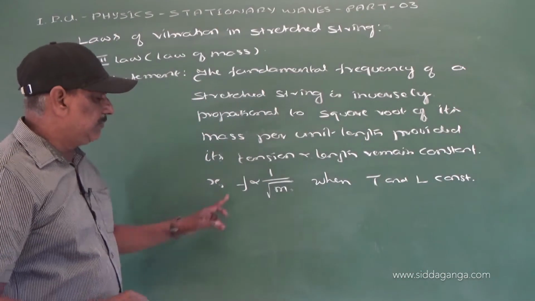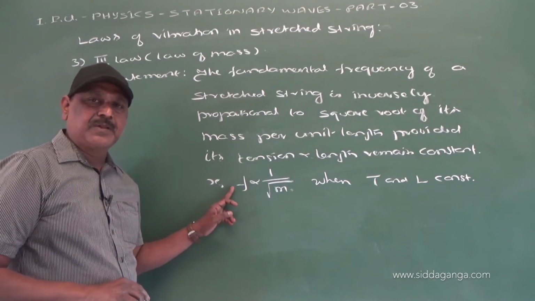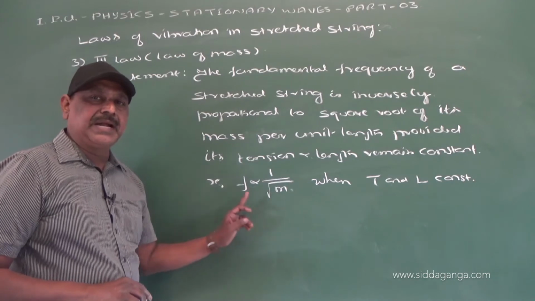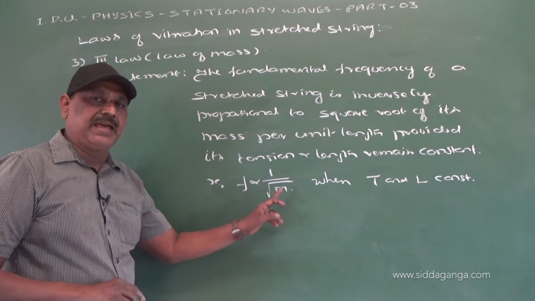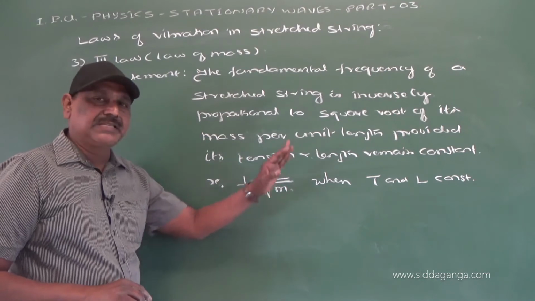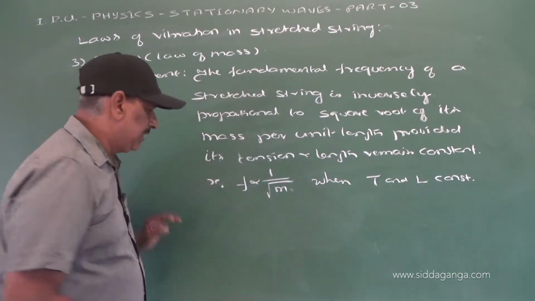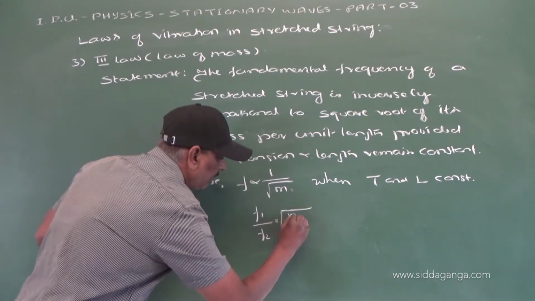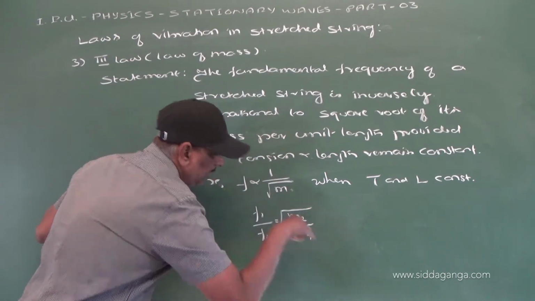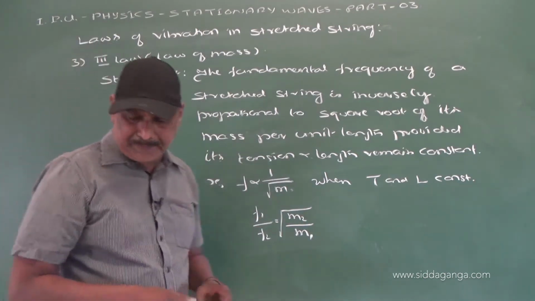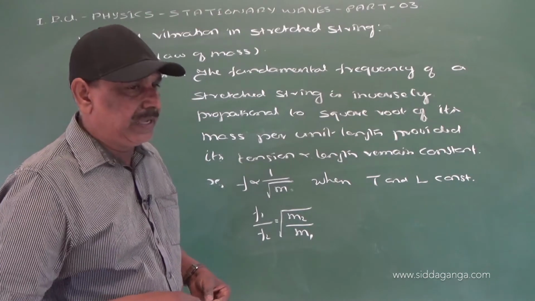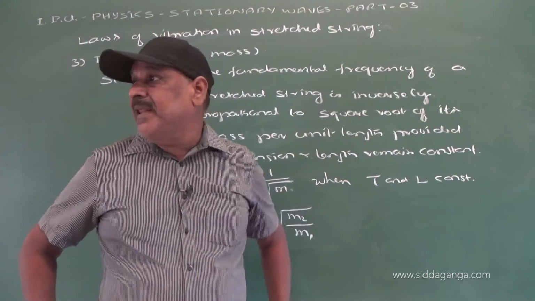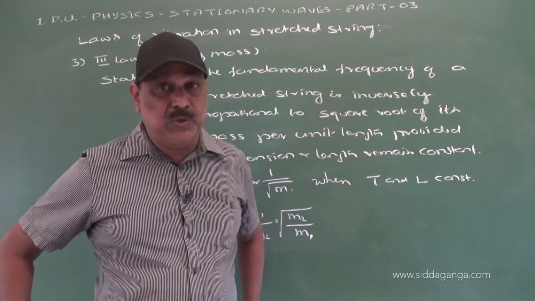So if F1 is the frequency for a wire of mass per unit length M1 and F2 is the frequency for a wire of M2, for the same tension and length, we can write F1 by F2 is equal to square root of M2 by M1.